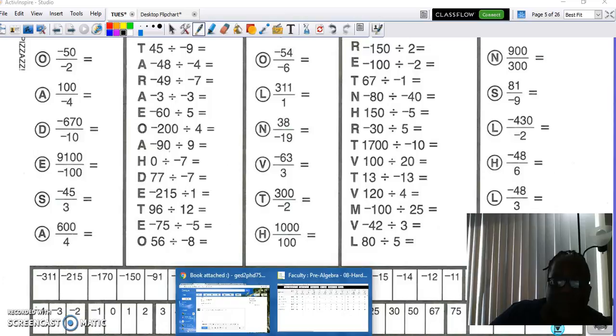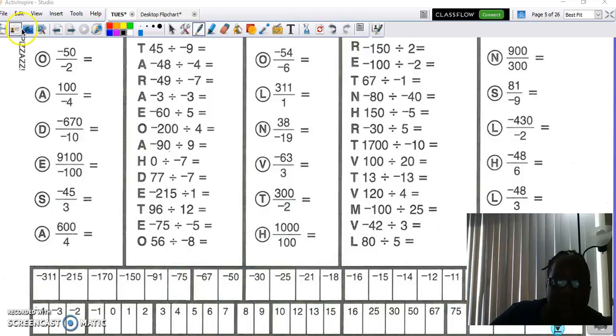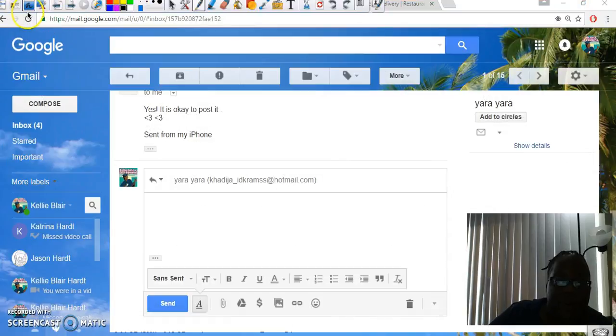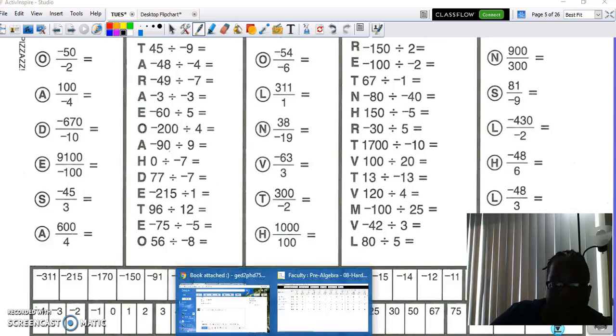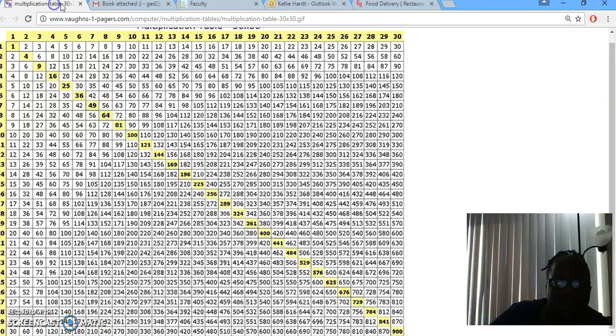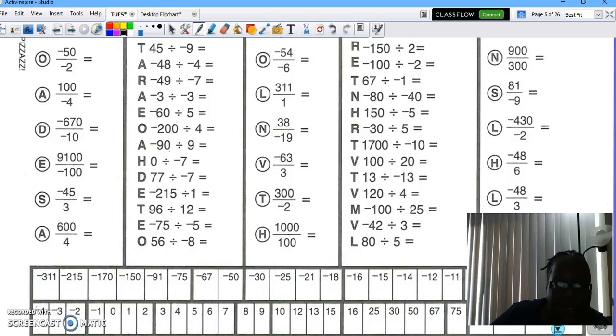Let me bring up the multiplication chart. Okay, so 4, that goes up to 120. So we can do this. Did I do this one?